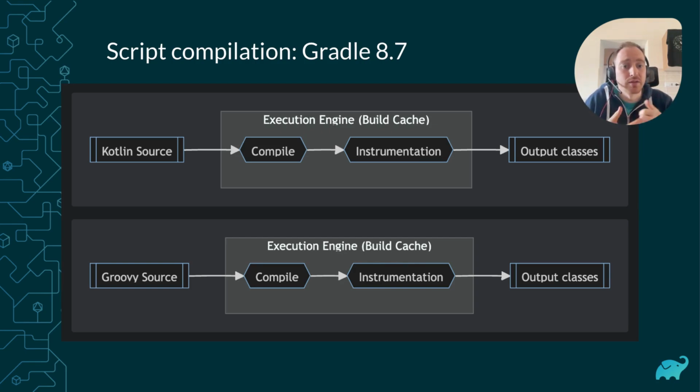For example, tasks also use the execution engine, and it's important to know that the execution engine is backed by build cache. Because Groovy compilation now uses the execution engine, Groovy compilation is now backed by build cache. So that's the main change.